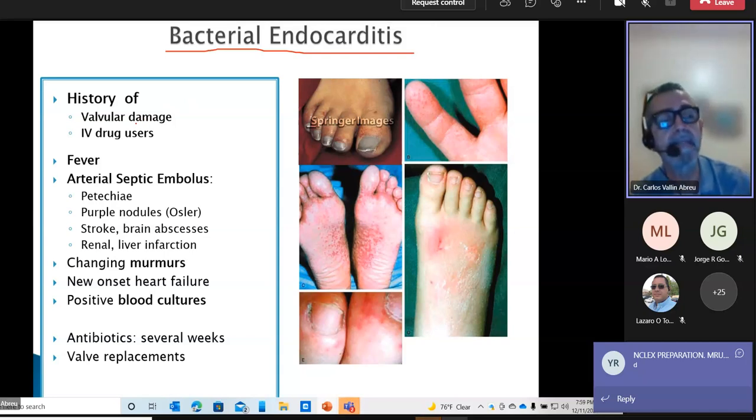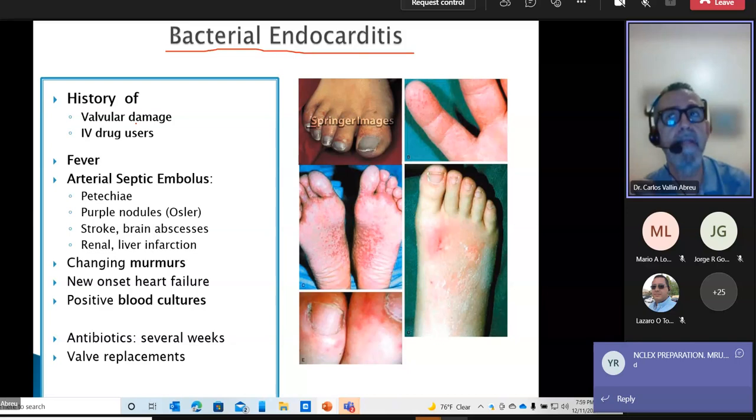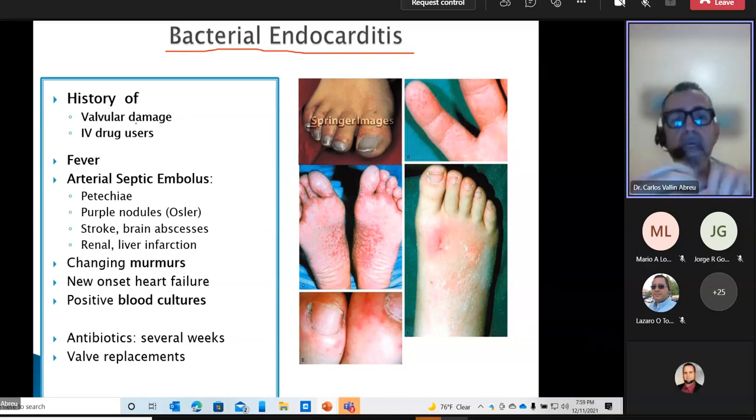Bacterial endocarditis means that inside the heart there is an infection. The problem of the bacterial endocarditis is that infection produces a clot. It's a mass of infected fibrin, full of bacteria, called vegetation, like a vegetable.